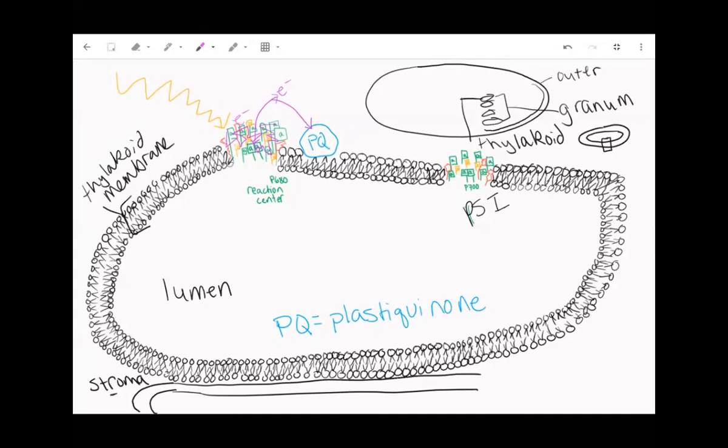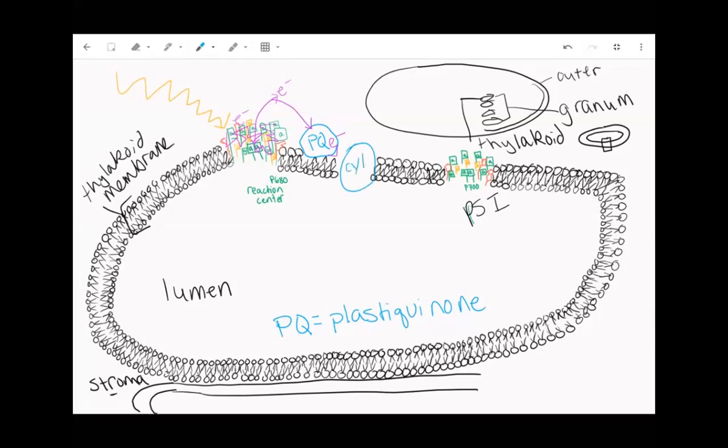So that electron gets boosted, it gets grabbed by plastoquinone. Plastoquinone is then going to transfer that electron to a very special protein. And that next protein is actually a complex of different proteins called cytochrome B6F. Okay. I'll draw that spanning the membrane here.